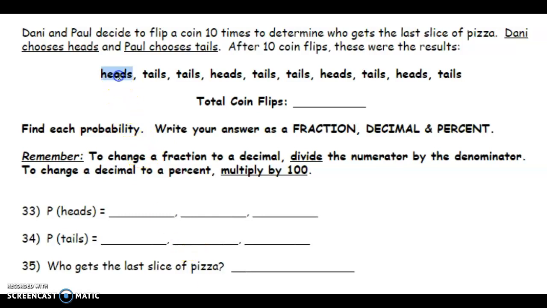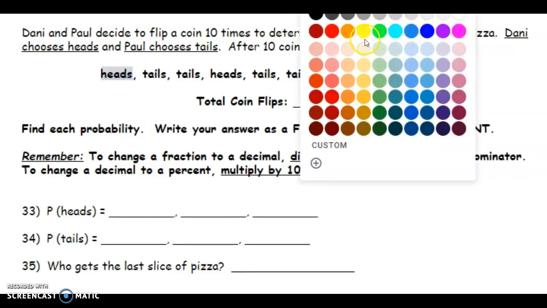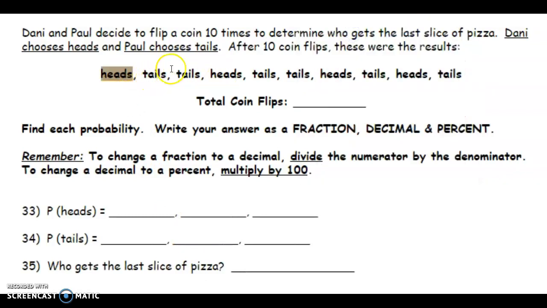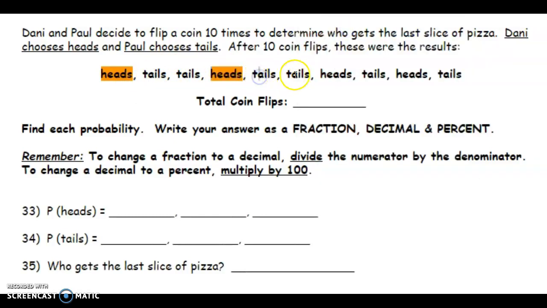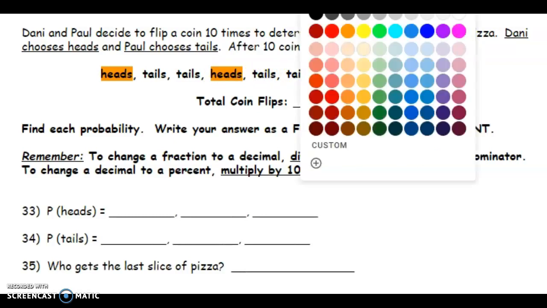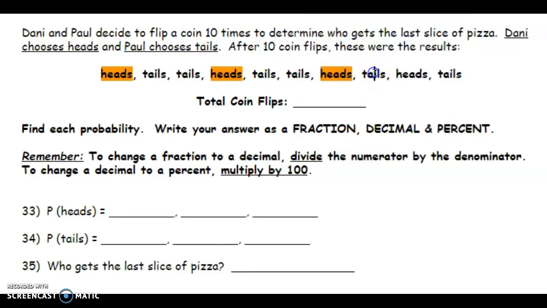So I'm going to highlight the heads in orange. There's one head, 1, 2 tails, the second heads, 3, 4 tails, a third heads, 4, 5 tails, a fourth head, 6 tails, but a total of 10 flips.